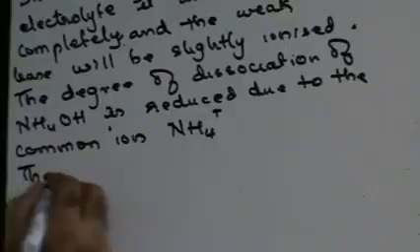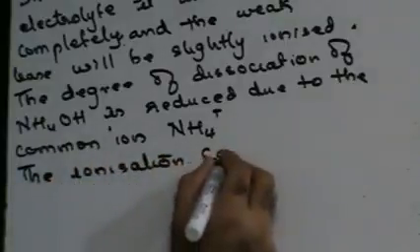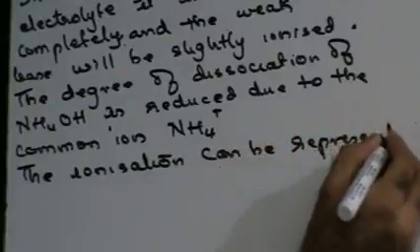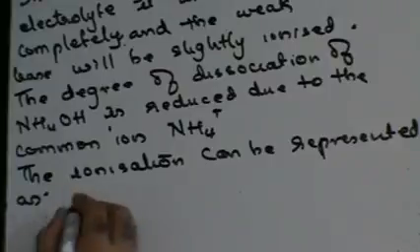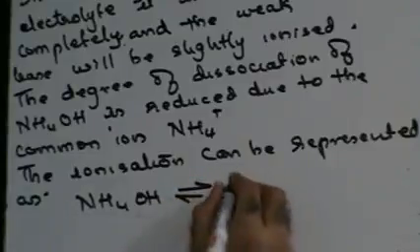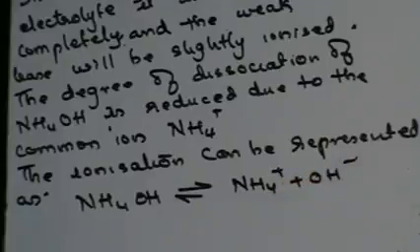Now, the ionization can be represented as: ammonium hydroxide ionizes incompletely to give you ammonium ions and hydroxyl ions.